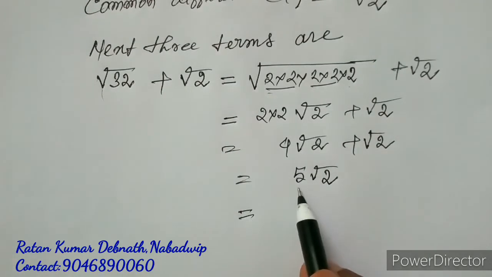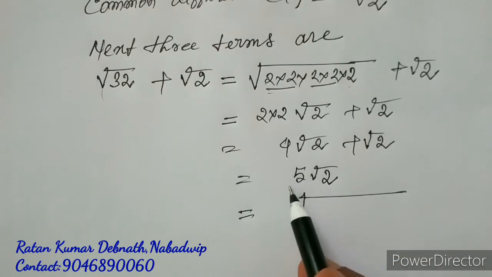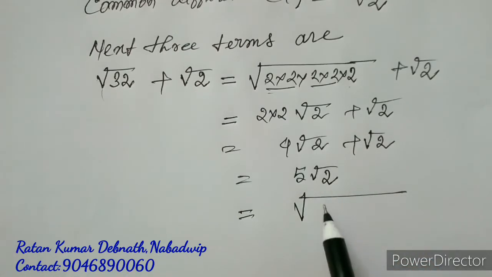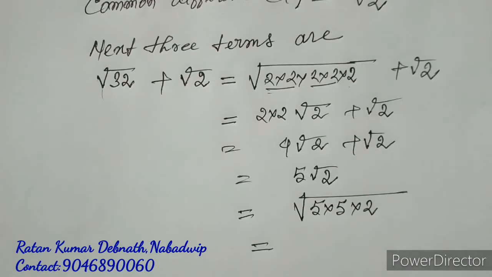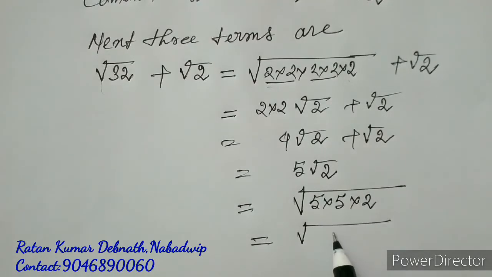We can take the 5 within the root symbol. If we take this 5 within the root sign, then we have to take 2 5's: 5 into 5 into 2, that is 50.